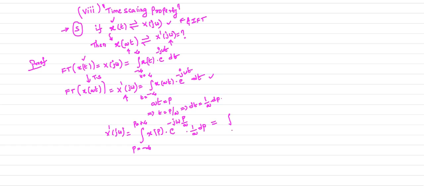So it is the integral from minus infinity to plus infinity, here x of p is there, and e power minus j, omega by a I can write here, because in the standard form we have e power minus j omega t. Here the variable is p. Here 1 by a goes outside, so this is 1 by a into dp. Now let us observe this equation.